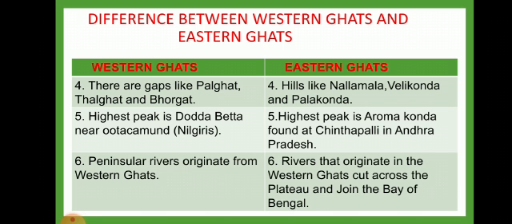Sixth point: Peninsular rivers originate from the Western Ghats; rivers that originate in the Western Ghats cut across the plateau and join the Bay of Bengal.